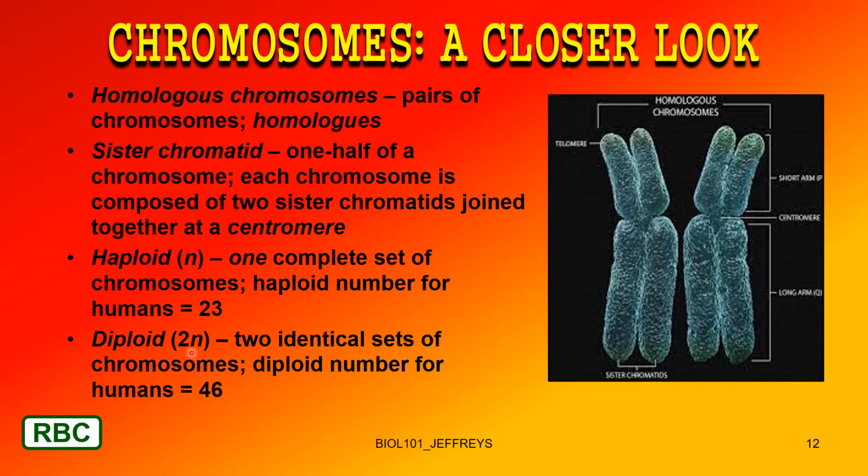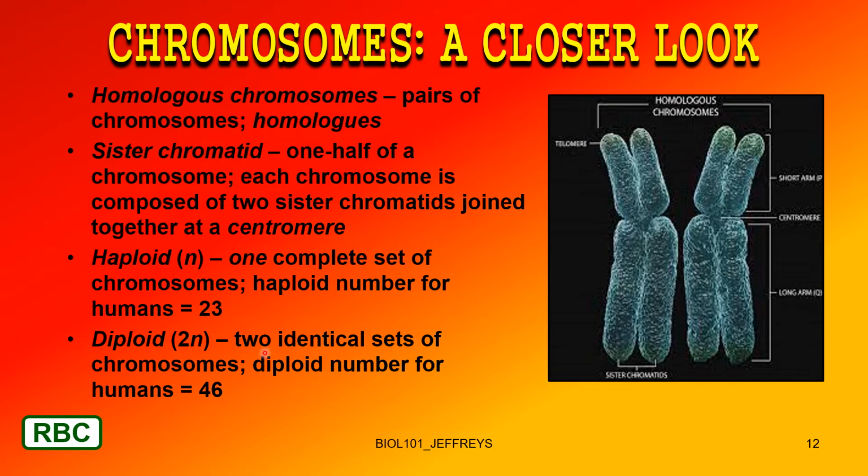And we denote that with an italicized 2 times lowercase n. So if you know the haploid number of any organism, you can always calculate very easily the diploid number by multiplying by 2. So for humans, 23 times 2 is 46. For chimpanzees, 24 times 2 is 48, okay?